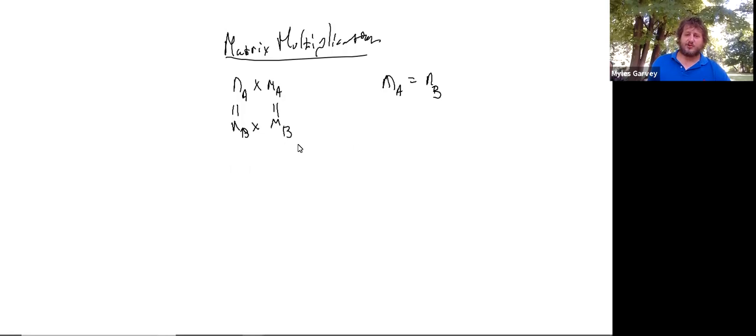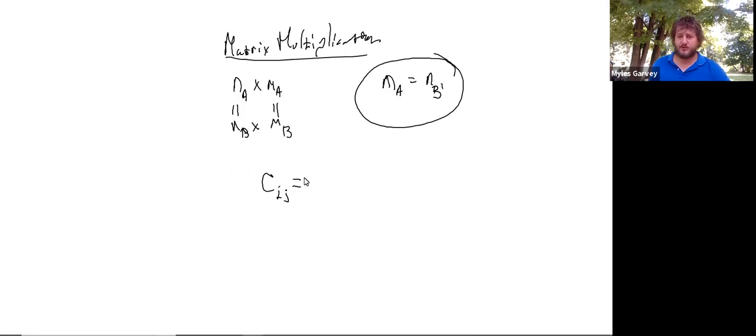If I have two matrices such that this holds true, the ijth element of the new matrix that I'm constructing by multiplying the two matrices is defined as the dot product of the ith row, okay, this is a vector, it's a row vector, dotted with the jth column.